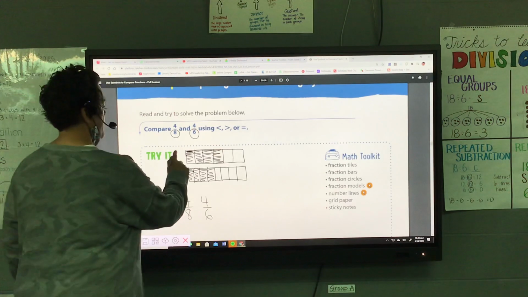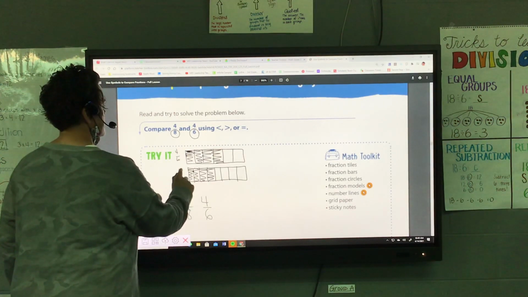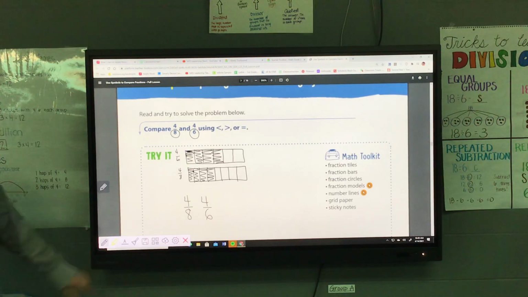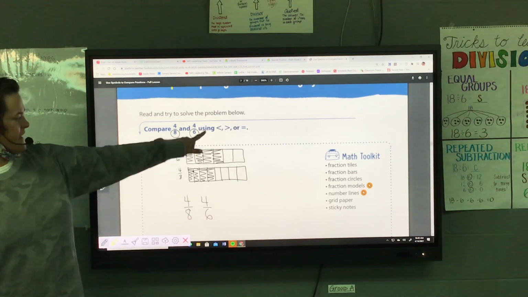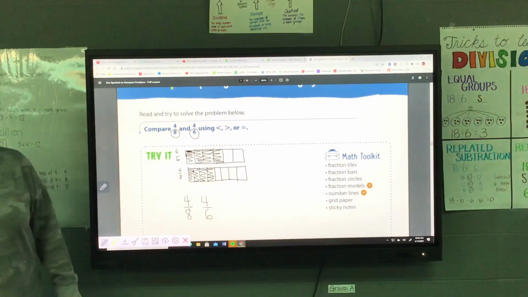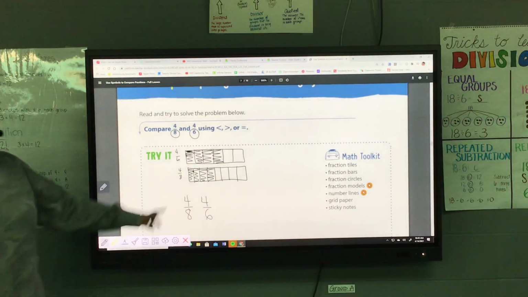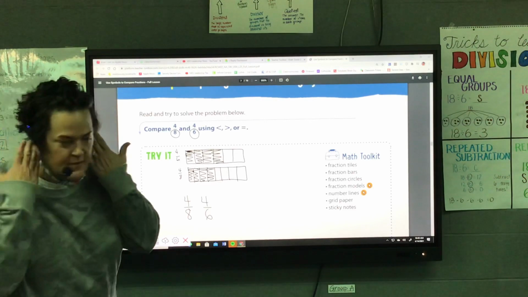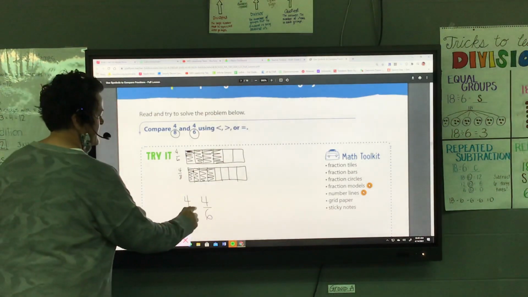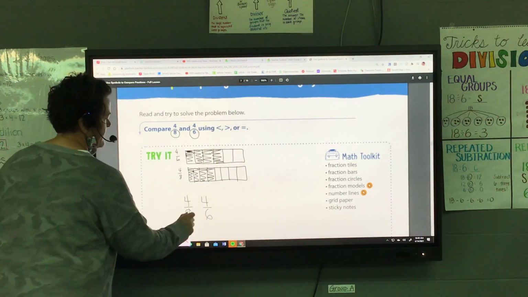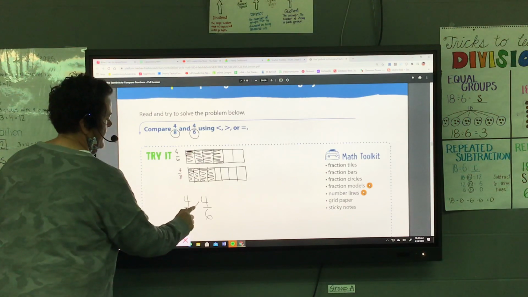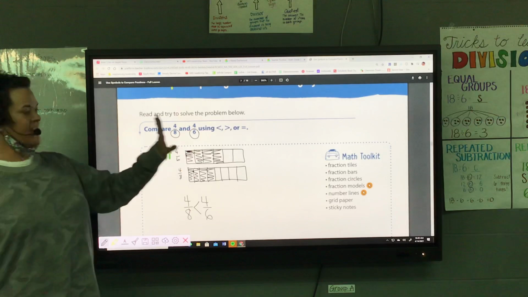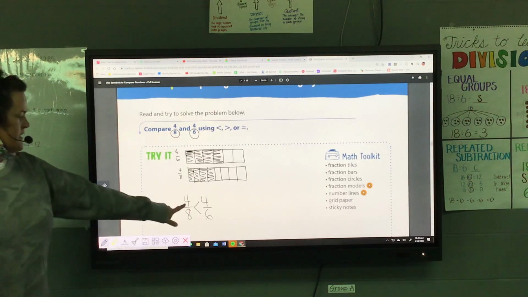Because this is 4/6, this is 4/8. Is 4/6 less than 4/8? Is it greater than or is it equal to? What is it, everybody? Greater than. 4/6 is greater than 4/8, but how I have it written there, 4/8 is less than 4/6.